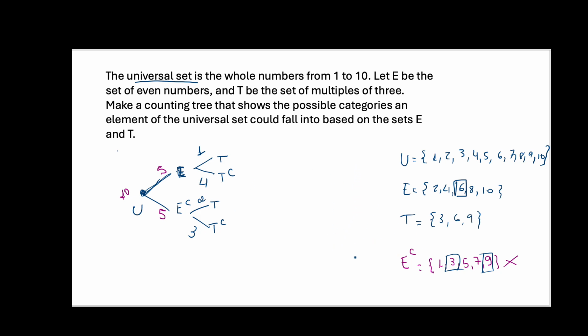The other ones that I didn't highlight here, 1, 2, 3, are the ones that are not multiples of 3. Okay? So this is the counting tree that we have as a result. And let's use another rule here. I'm asking you, what is the number of numbers that are not multiples of 3?